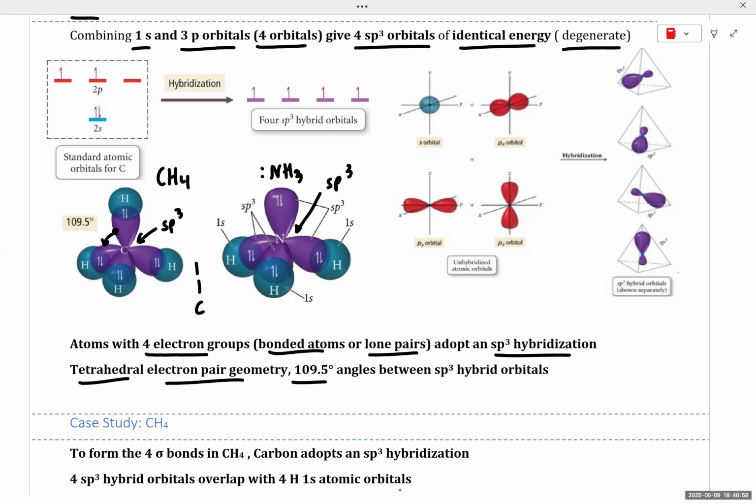So part of the reason why we draw methane in this way is to reflect this bond angle, and this bond angle is a consequence of the hybridization of our central carbon atom. And again, just to reiterate, part of the reason carbon adopts this sp3 hybridization is to accommodate the fact that in methane, it wants to form 1, 2, 3, 4 sigma bonds, so it needs 4 hybrid orbitals.